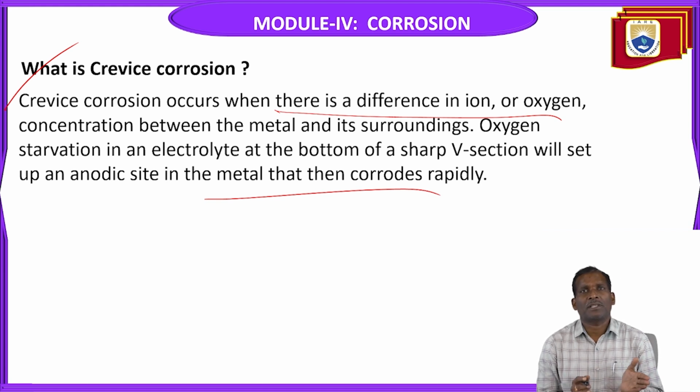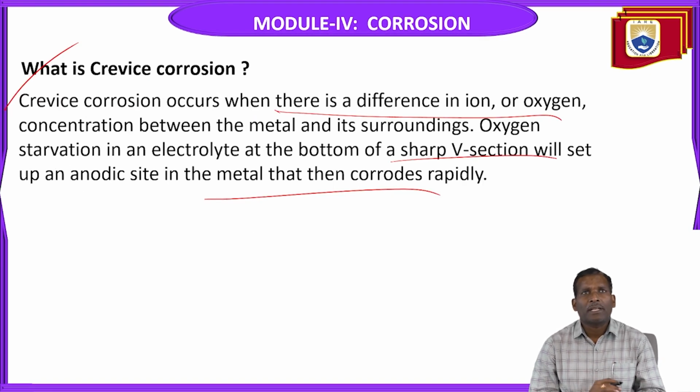This type of corrosion generally occurs in bolted joints. So wherever a sharp V section is available, it will happen.